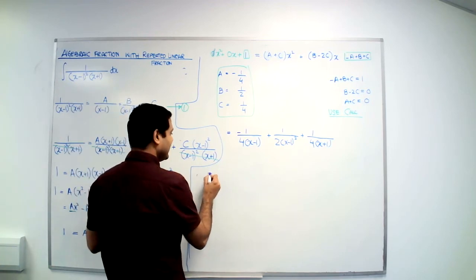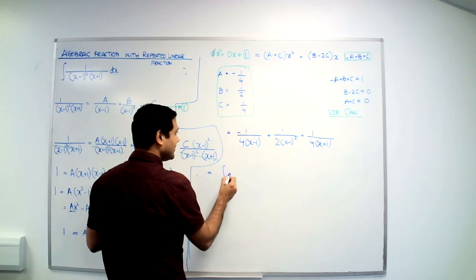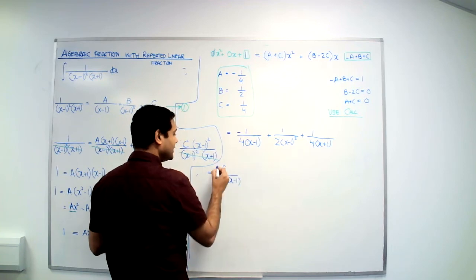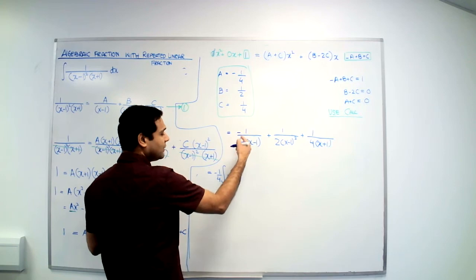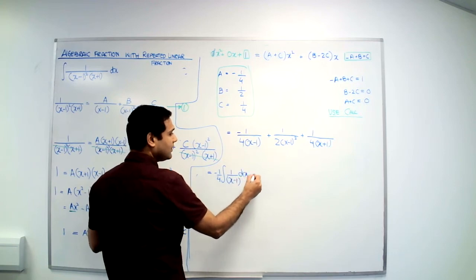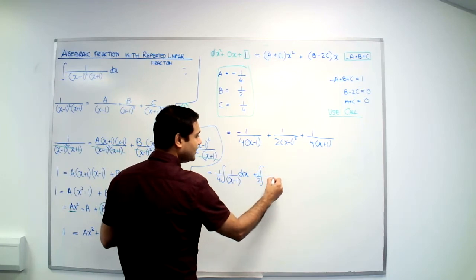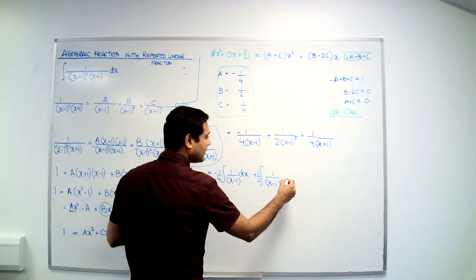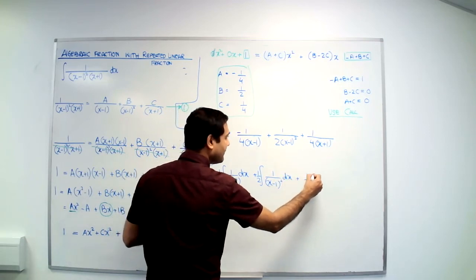So if I integrate this bit, integral of x minus 1, this -1/4 comes out. Plus integral of 1/2 comes out. 1/4 comes out.